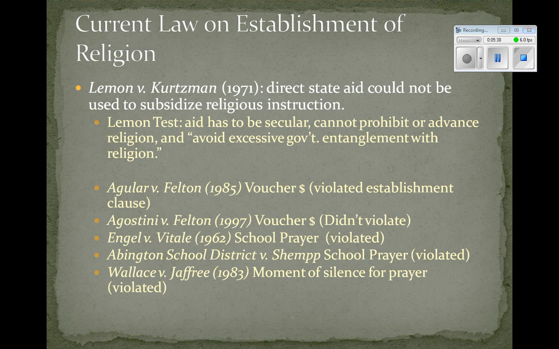Originally it was said that that money was a violation of the Establishment Clause. Later, that same case went to the Supreme Court 12 years later, and they decided it didn't violate the Establishment Clause because students could use that voucher money to either go to a private religious school, but there was also the option of going to other private schools that weren't religious in orientation.